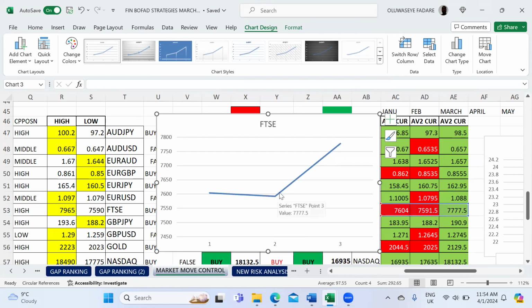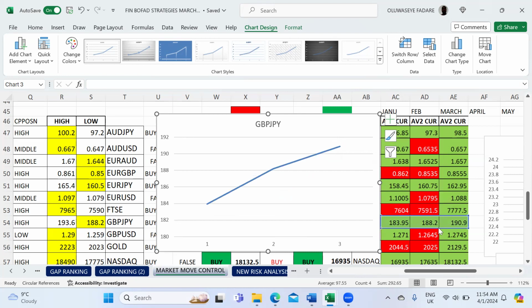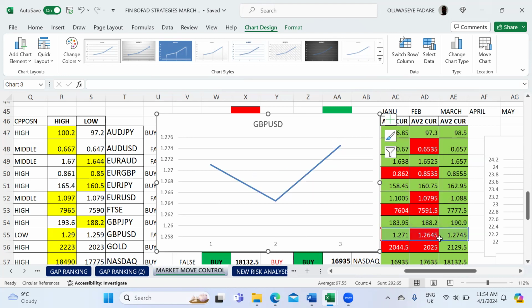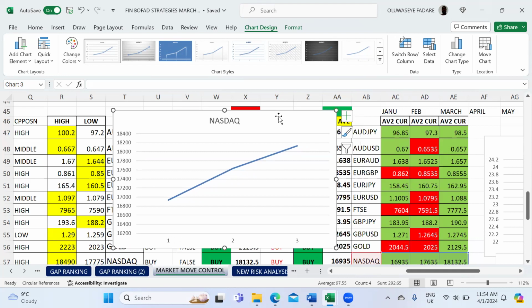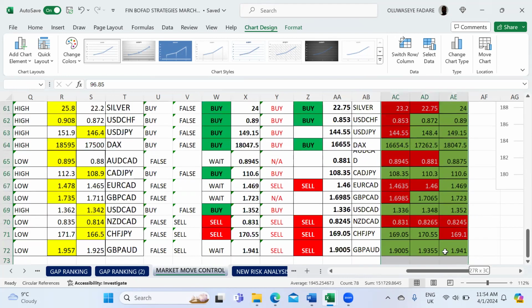So you can see here for now is a buy. So if it reaches here and doesn't come down again, then we know that the market, so for most of the markets, as you can see, all the positions are buy. Okay, so that will help us identify the direction to take at the end of the month. Okay, so now I'm going to copy this updated to our April.